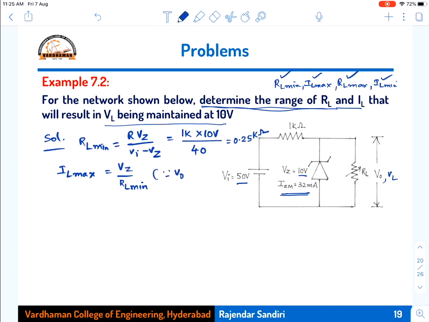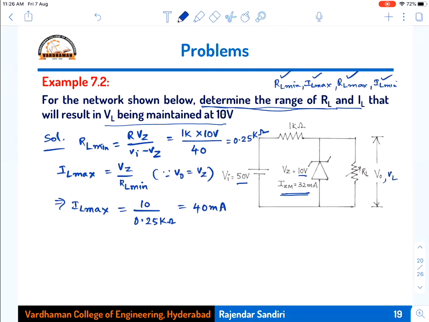IL maximum is equal to VZ, which is 10, divided by RL minimum, which I got as 0.25 kilo ohms. So this is 40 milliamperes. Kilo ohms will give milliamperes.